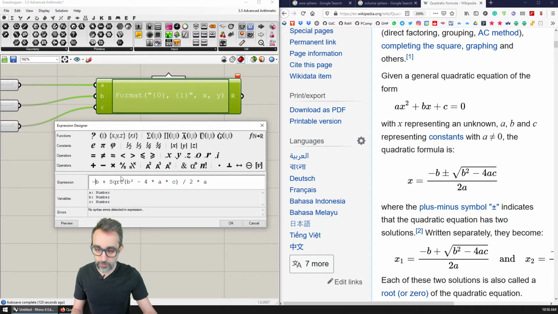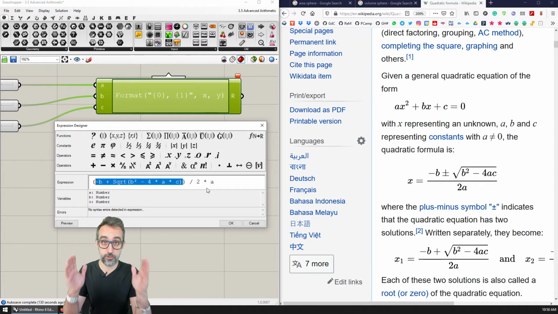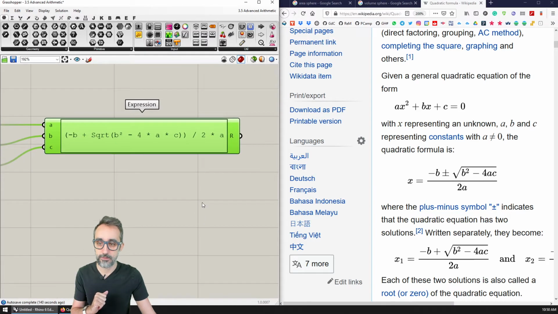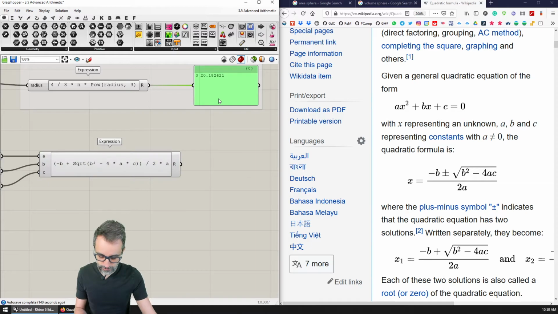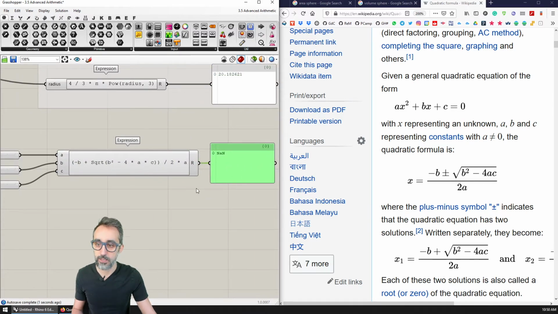So that's why I need to remember to add a parenthesis here and another parenthesis here, so that I force all this chunk together to be divided by 2 times a. As I do that, I have my expression here, which imagine what this would have entailed to do manually with just components.